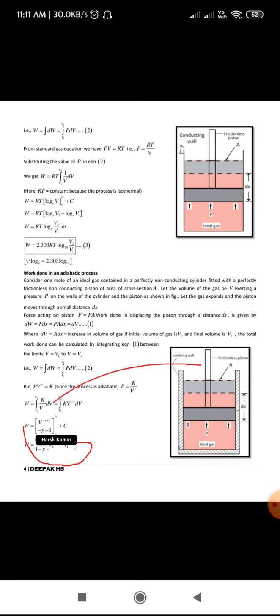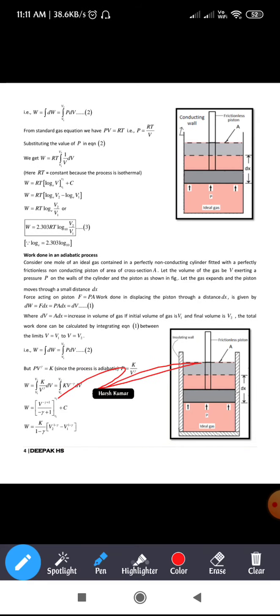What is there to explain in that step? See here, in equation 2, if you have understood this equation 2, you will come to know. Equation 2 is nothing but W is equal to integral of V1 to V2 PdV. So, PV to the power gamma is equal to K is the equation of an adiabatic process.